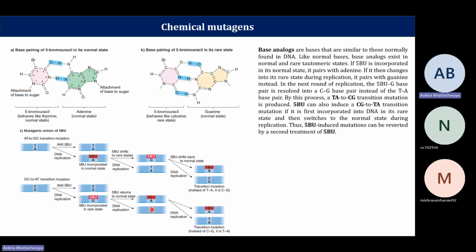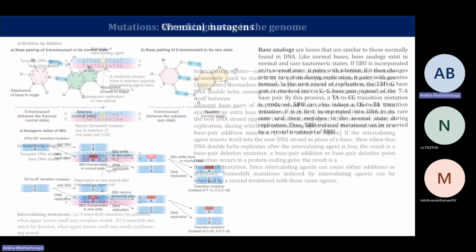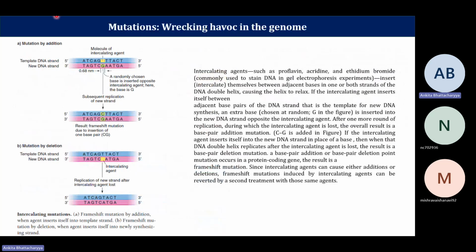You can go through this example to see how that mutation can become persistent if 5-bromouracil is present in the medium for a sufficiently long time. Then you have intercalating agents like proflavin, acridine, EtBr, ethidium bromide, etc., which intercalate or insert themselves between adjacent bases of the DNA double helix, and therefore they can create mutations.